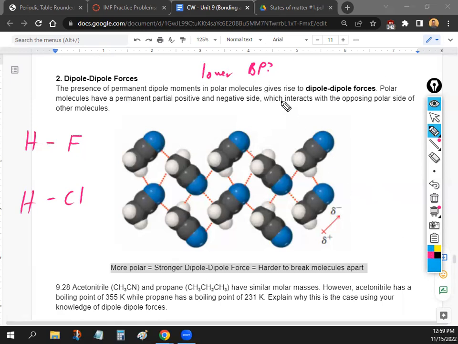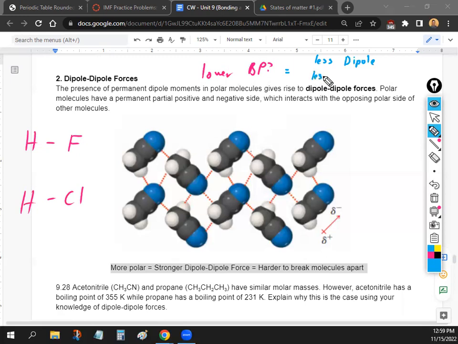Okay, so lower boiling point means, is there gonna be more dipole or less dipole? Less dipole forces, right? If there are less dipole forces, does that mean the molecule is more polar or less polar?